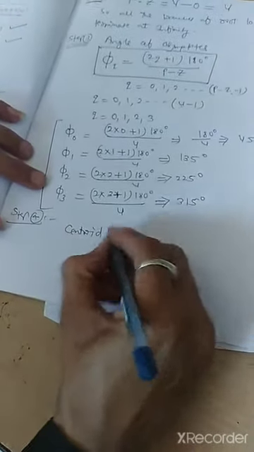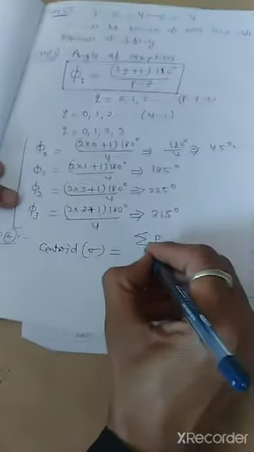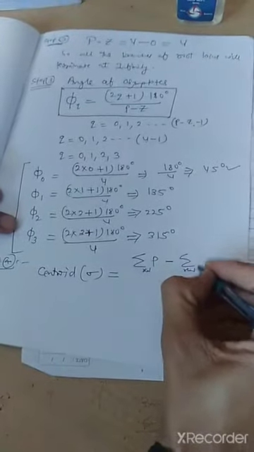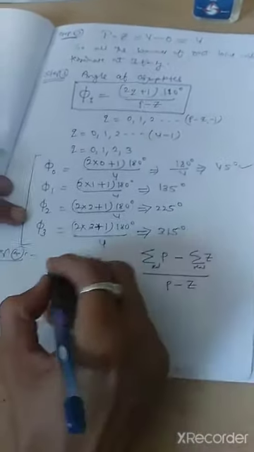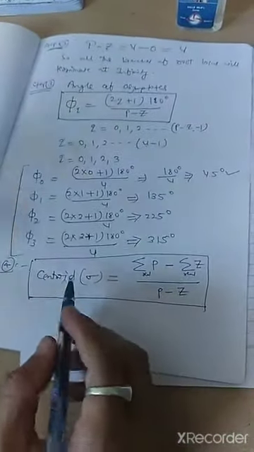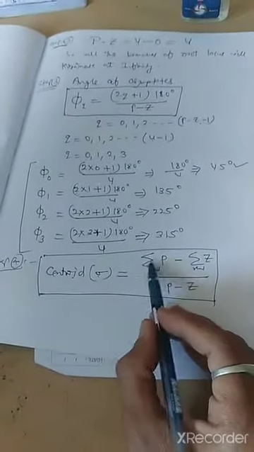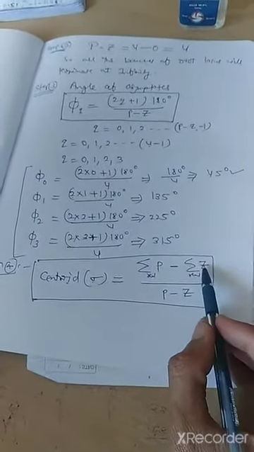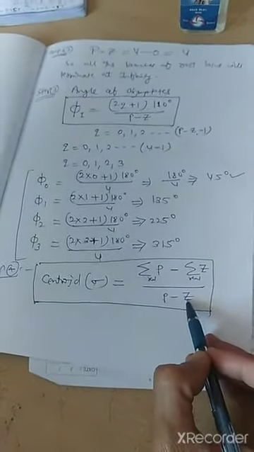Centroid is denoted by sigma, and it is equal to the summation of all the real parts of poles minus the summation of all the real zeros, divided by number of poles minus number of zeros. I again repeat, centroid is equal to the sum of all the real poles minus the sum of all the real zeros, divided by total number of poles minus total number of zeros.